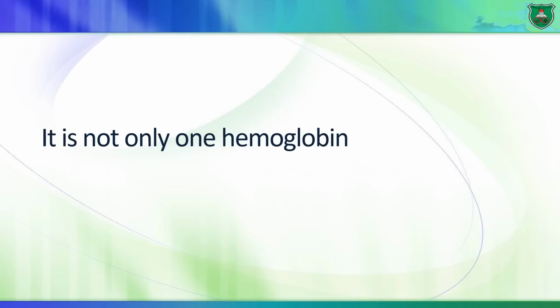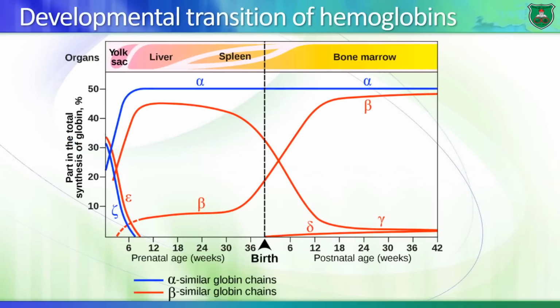So let's talk about the different hemoglobin molecules now, because there isn't only one hemoglobin molecule. There are more forms of hemoglobin, and these forms appear during development. In the adult stage, you have a hemoglobin molecule predominantly made of 2 alpha chains and 2 beta chains.